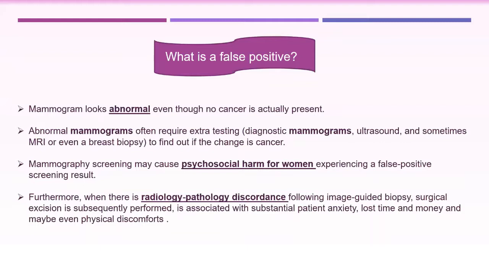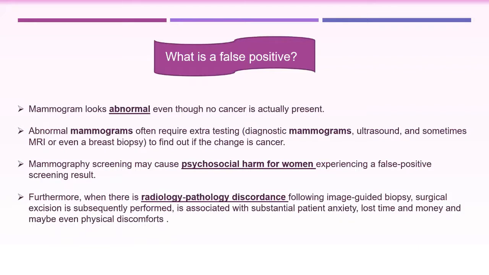Yes. So the mammogram demonstrates an abnormality, though no cancer is actually present. This abnormality is due to other pathology conditions, either benign or malignant other than primary breast cancer.